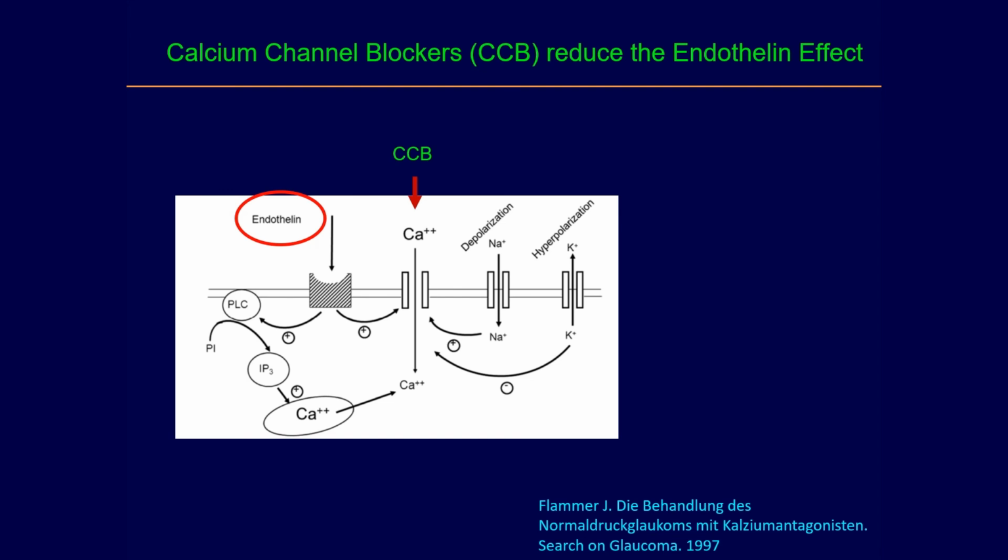Endothelin increases calcium concentration in the cytoplasm, both by releasing calcium from the internal stores and by opening calcium channels. The CCBs inhibit only this second part. This explains why they weaken the endothelin effect but never completely cancel it out.